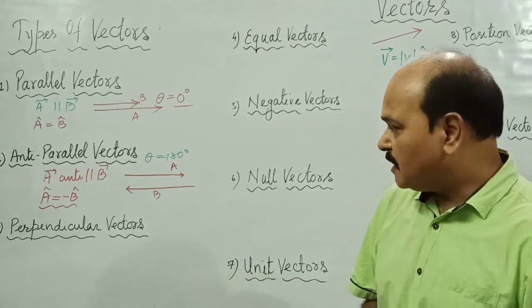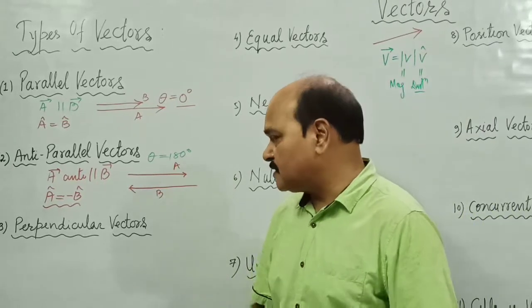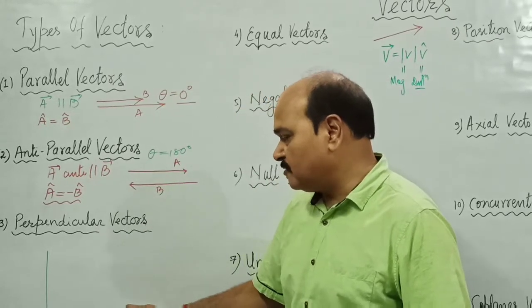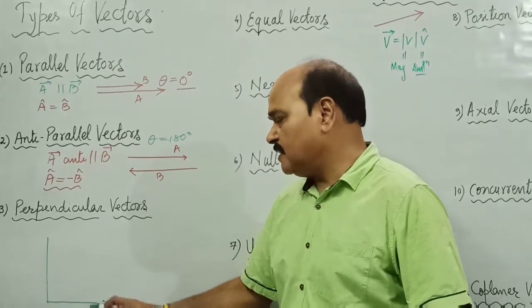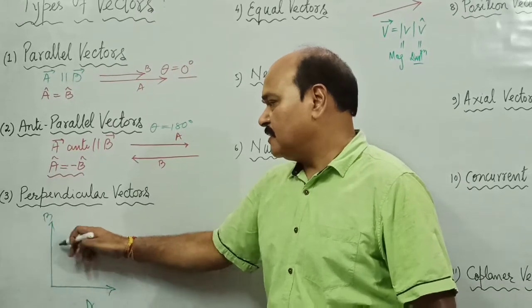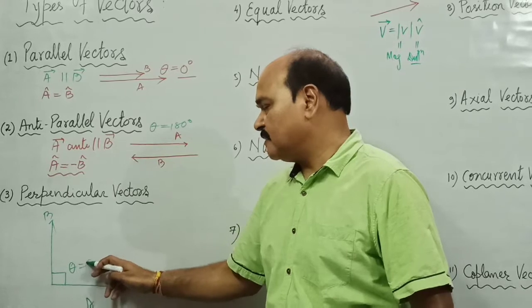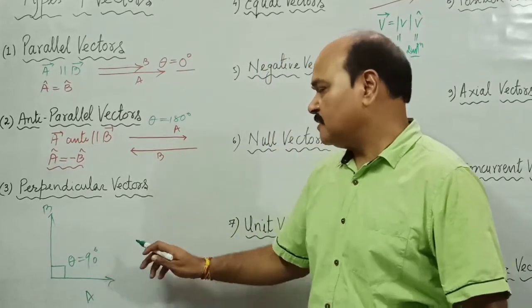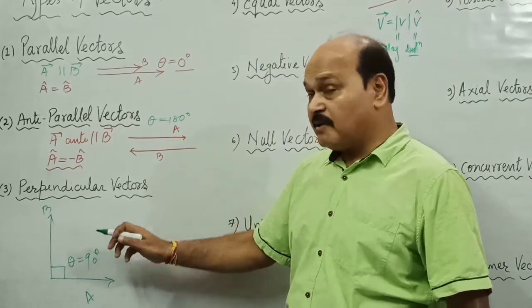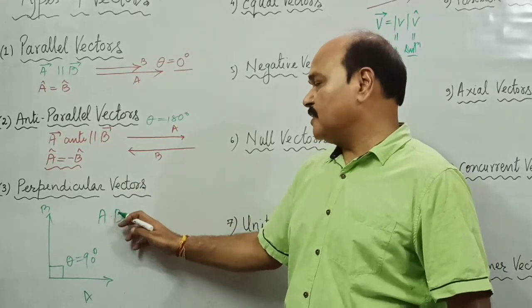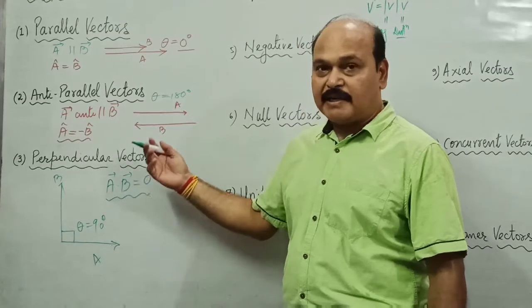Perpendicular vectors, as obvious from the name itself, are vectors which are in directions perpendicular to each other. If this is vector A, this is vector B, then the angle between the two vectors is 90 degrees. The dot product of perpendicular vectors is 0. We will study product of vectors in detail later.